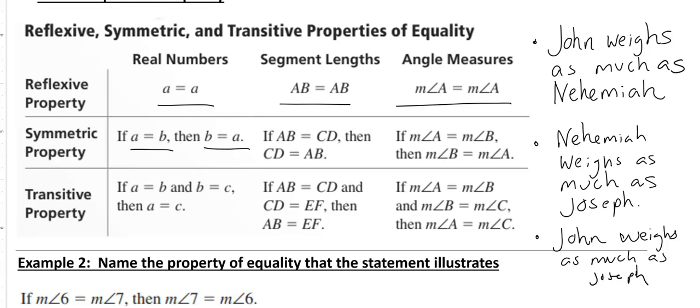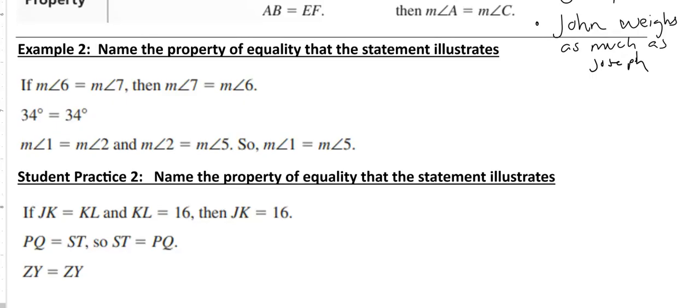If A is equal to B and B is equal to C, then we can say that the first one is also equal to the last one. A is equal to C. That's the transitive property. So what we're going to do here is identify what these properties are. Let's take a look at the first one.